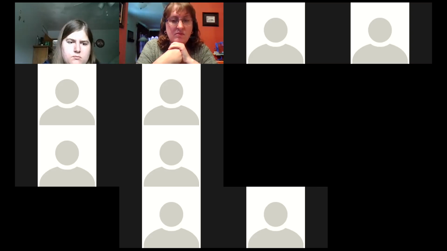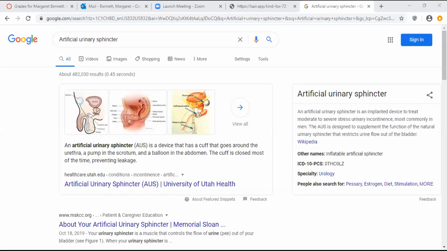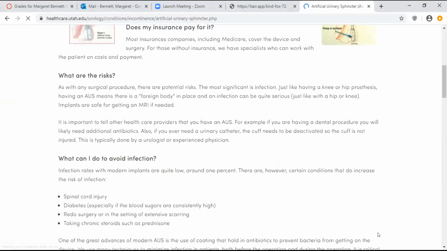Okay, let me share my screen. Can you see my screen? Not yet. Oh, there it is. I can look to see if it says if you can control it, but it's kind of weird.